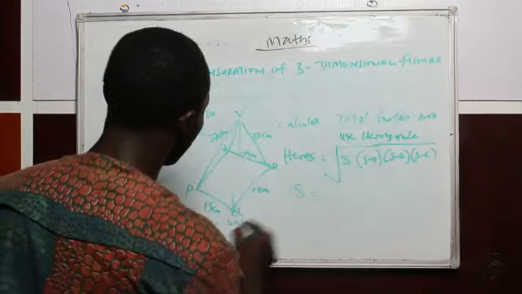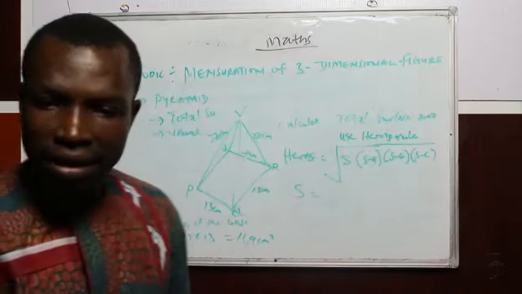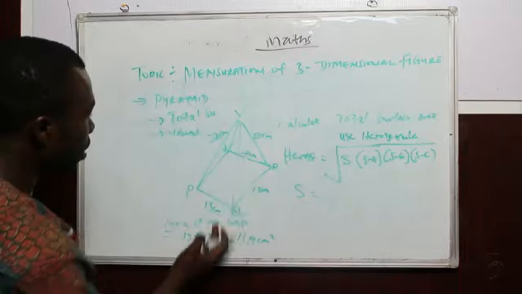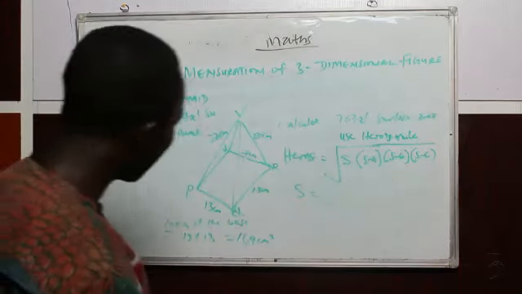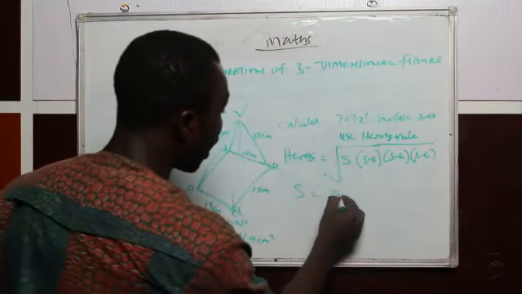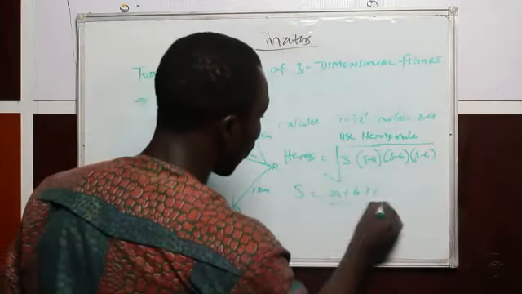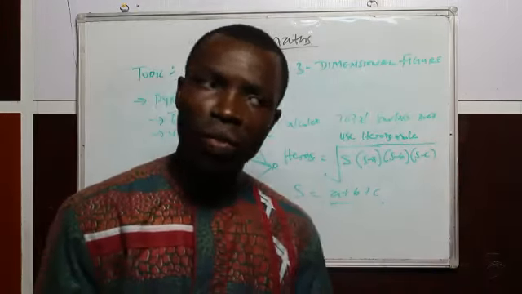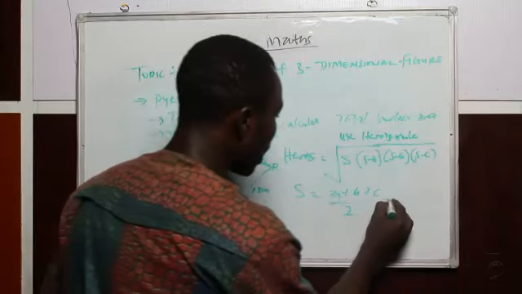But how do we find our x? We are being given the sides. 13 centimeter is given to be this side, 27 centimeter is given to be this side, another 27 centimeter, and x is equal to a plus b plus c over 2. That's the x formula.